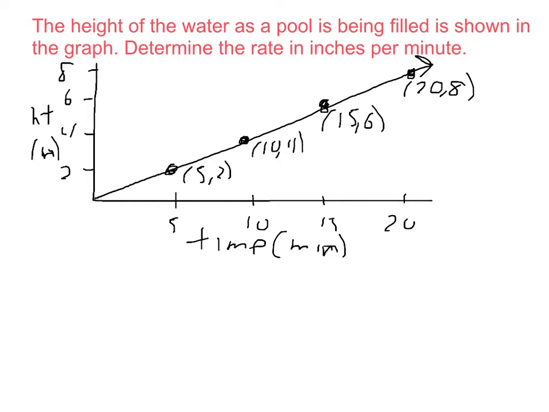Now, the trick here is we want to determine the rate in inches per minute. Now, we could do this in one of two ways. We could look at this just as a constant rate of change, or we could look at this from the perspective of the slope. Well, let's start with doing this as a constant rate of change. So let's look at each point.